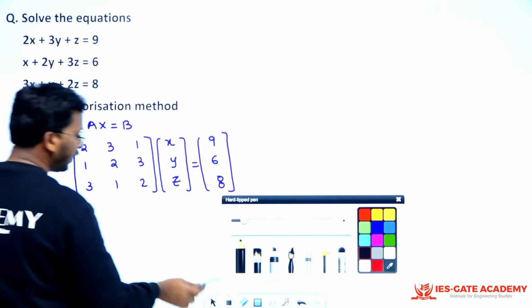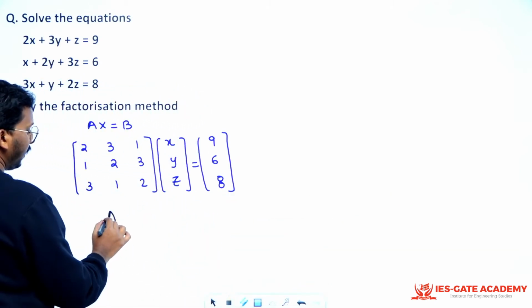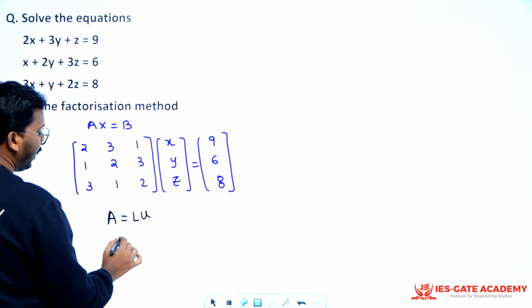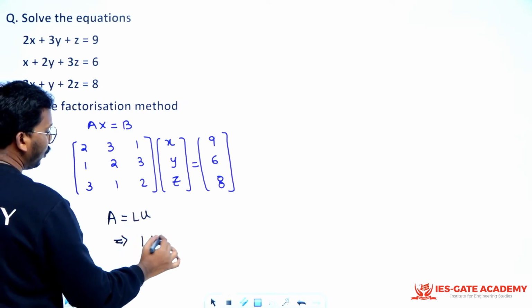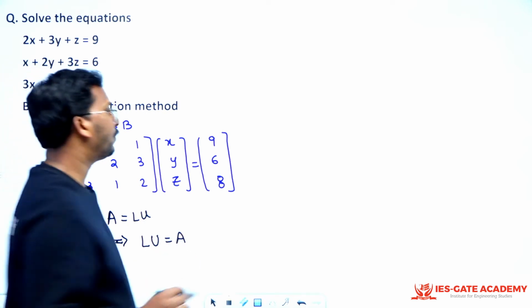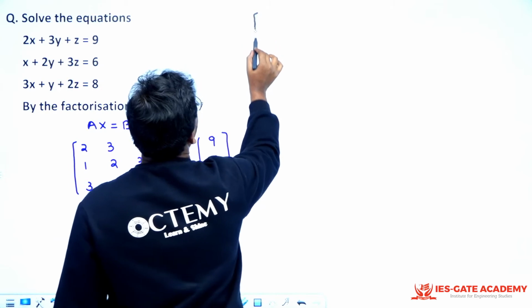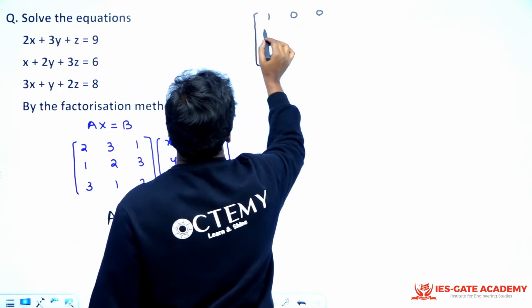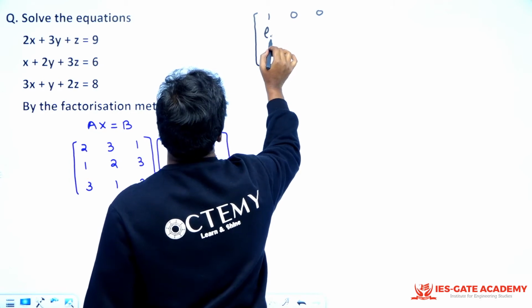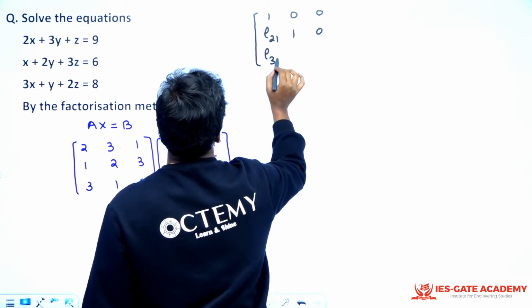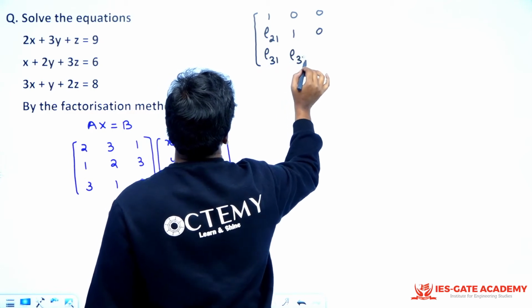What is the first step you have to do? The first step is decomposition. A is equal to LU, or you can write LU is equal to A, right? So let us find the decomposition. It will be like this: 1 0 0, L21 1 0, L31 L32 1.